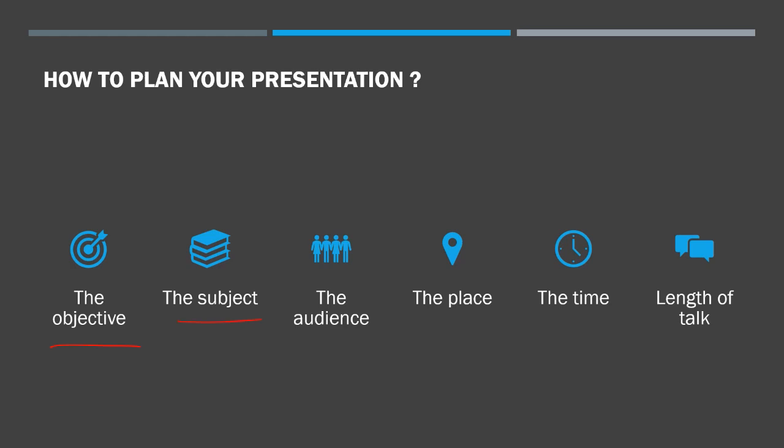And then comes the subject. Subject basically is your expertise. The speaker will be the subject matter expert, and he will be called to present on that particular topic because he is very much experienced in that domain. It might be any topic for that matter.